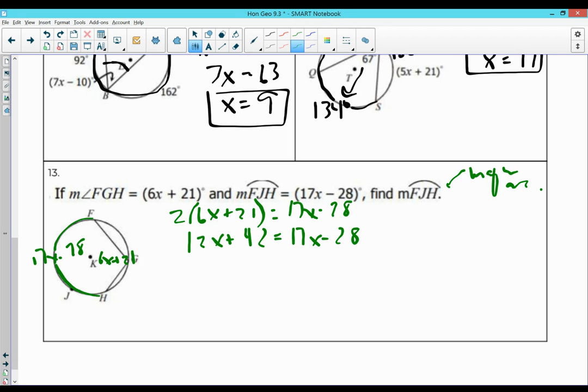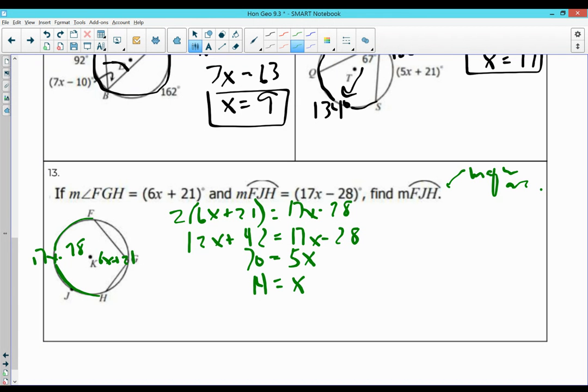All right, and now we're just going to solve this equation. So we have 12x plus 42 equals 17x minus 28. So we'll get that to be 70 equals 5x. Therefore, 14 equals x.